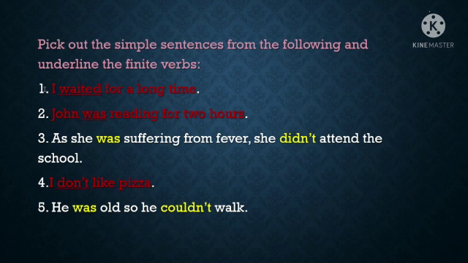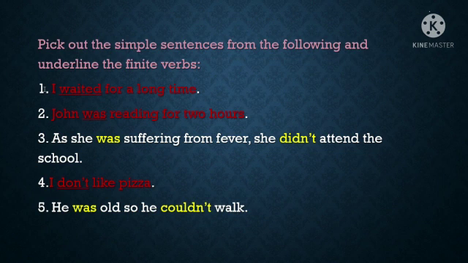See the next example. He was old so he couldn't walk. How many verbs are present here? Was is a verb, couldn't is a verb. Two verbs. Are they finite verbs? Yes, they are finite verbs. He was old, so he couldn't walk. So he was old becomes a main clause.